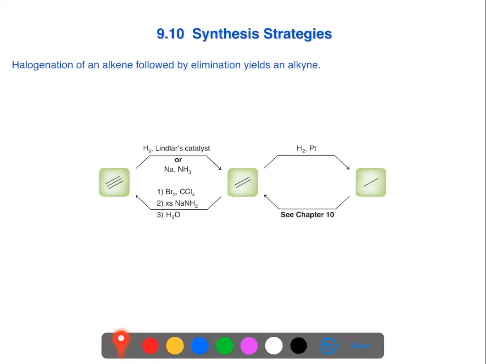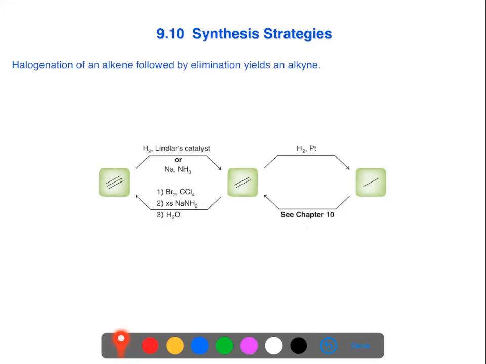And that's exactly what is shown here: the second step after forming the dibromo alkane, we use excess sodium amide to generate that alkyne. And then if there is a terminal alkyne being formed, we would carry out a water quench to react with any additional amide present in solution and to protonate any terminal alkyne.